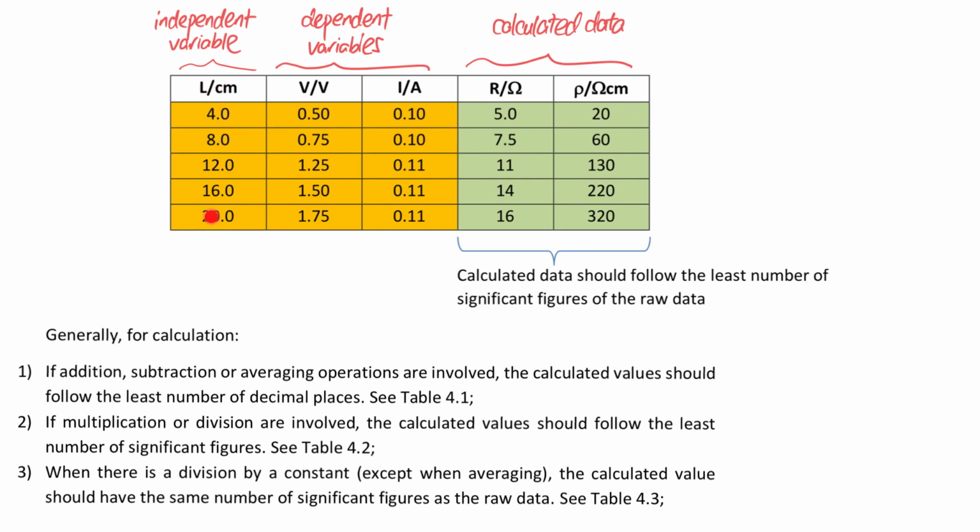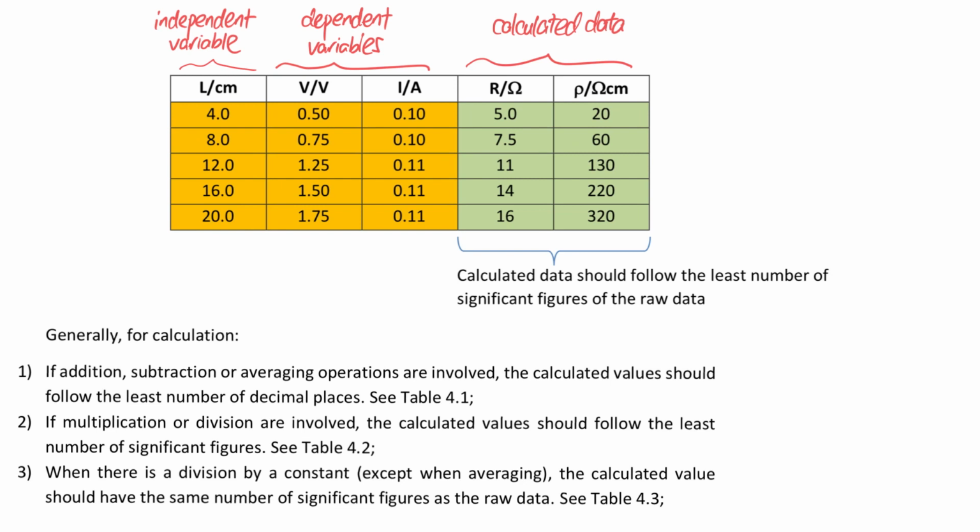And for independent variables, either ascending or descending order. Then the rest, the ammeter and the voltmeter here is 2 decimal places. The precision is half of the smallest division, so you record accordingly. And these are called dependent variables because they depend on the L that you set, which is the independent.